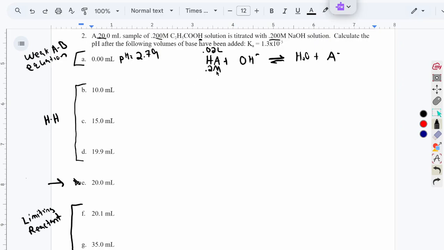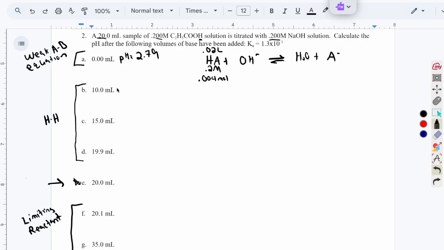Let's calculate moles right here. That's going to give us, I believe, 0.004. Let me double check just in case. 0.2 times 0.02 gives us 0.004. So this is 0.004 moles of acid in solution.